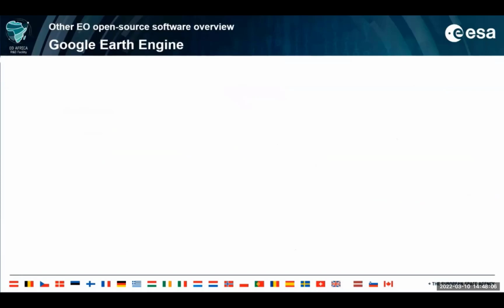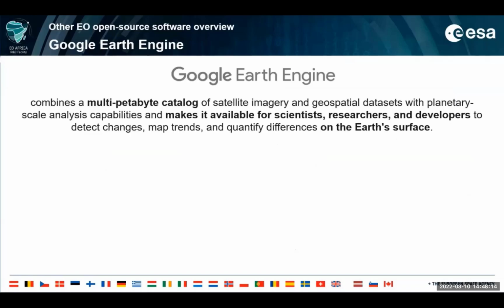One of the very commonly used tools among Earth observation data users is Google Earth Engine, a cloud computing platform which combines a large catalog of satellite imagery and geospatial datasets with computational power to process and analyze those images.